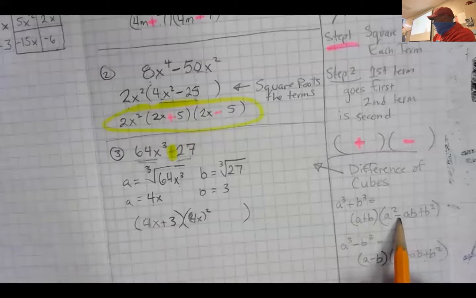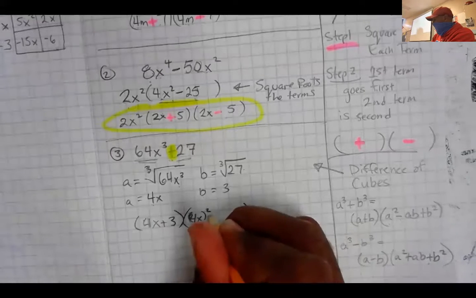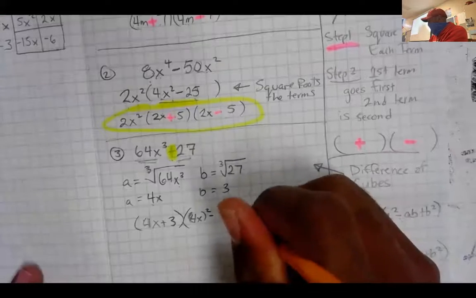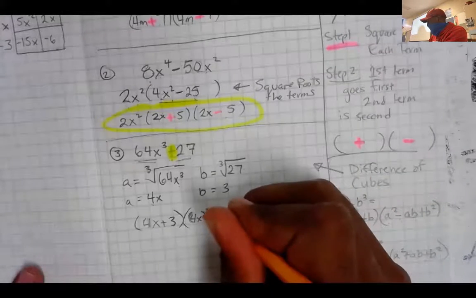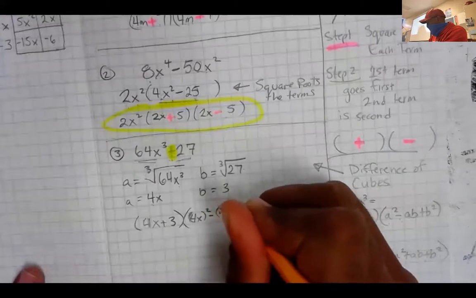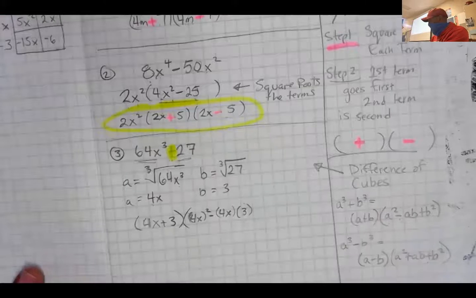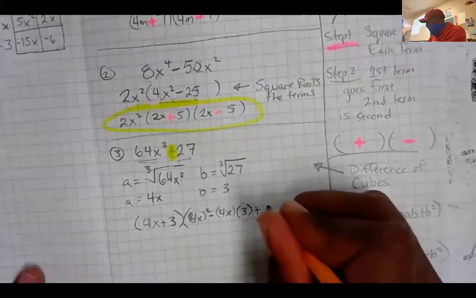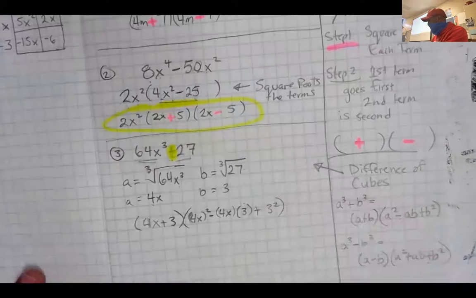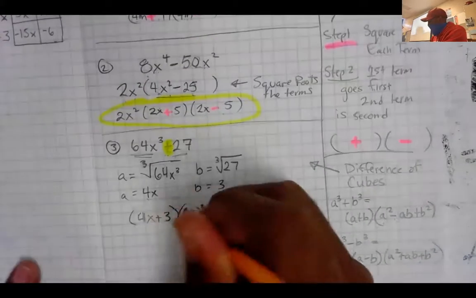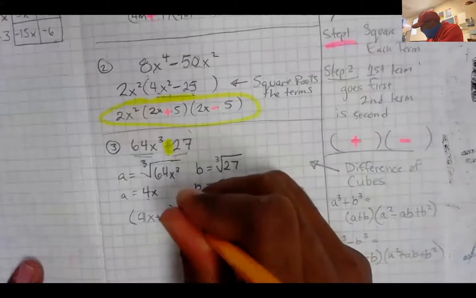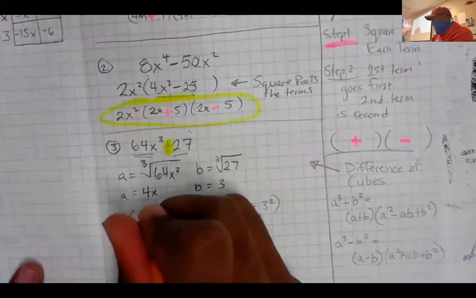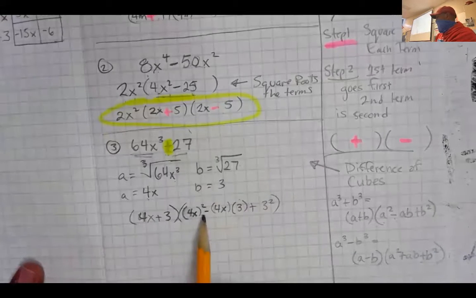The first sign inside here will be minus, and then it's A times B. Then this next one will be A times B, and then plus B squared, so 3 squared. So that's 4x squared.